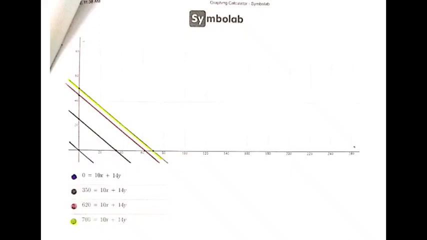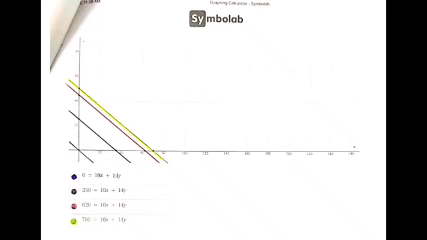on it. Second, we will take the point 620 that belongs to 10x plus 14y. So we have a line here in red color. And the third one we have is 700 equal to 10x plus 14y, and you can see this is the yellow line.